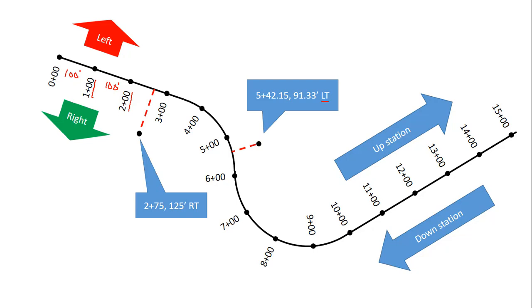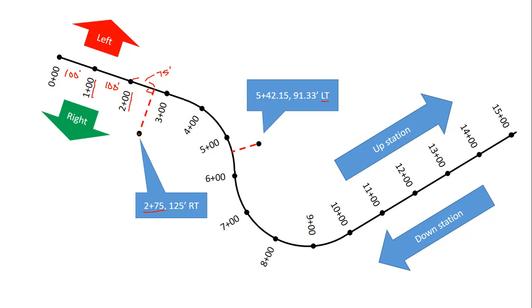So if you want to reference a point that's out here and you want to give it a station and offset, you would measure along this baseline to a point that is at a 90-degree angle to that point. So this is the perpendicular offset to that point. In this case, we've got a station of 2 plus 75, so we know that from station 2 to that intersection point is 75 feet.